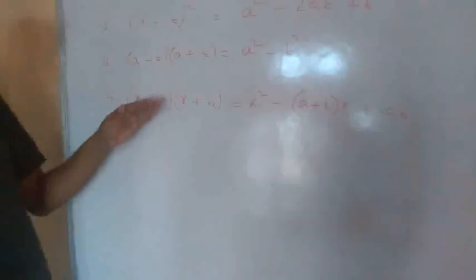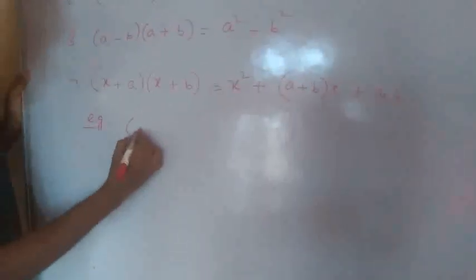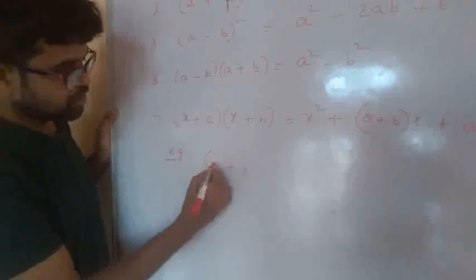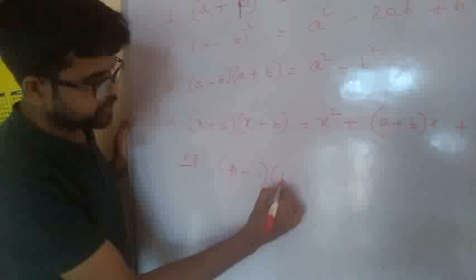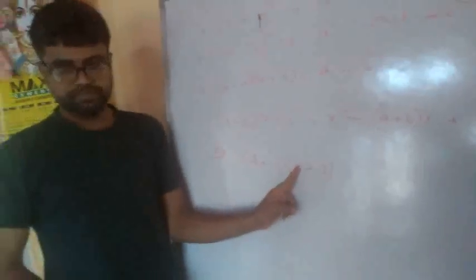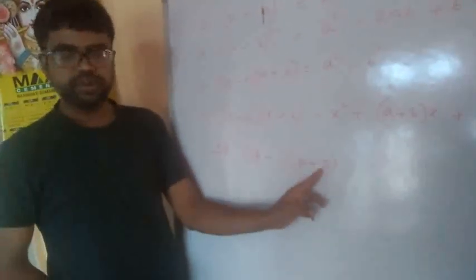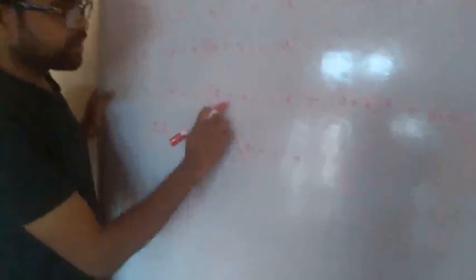Now in case you have any problem regarding this formula, let us take some examples. Suppose p plus 1 into p plus 3. Just you need to see that the first terms remain the same and the second terms are whatever they may be. So as per the rule, the first term has to be squared.